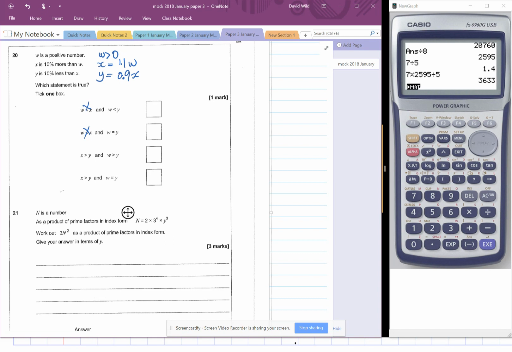And is W bigger than Y? Well, W must be bigger than Y too, because X is 1.1 lots of W, Y is 0.9 lots of X, and so this must be the case here. This must be true.